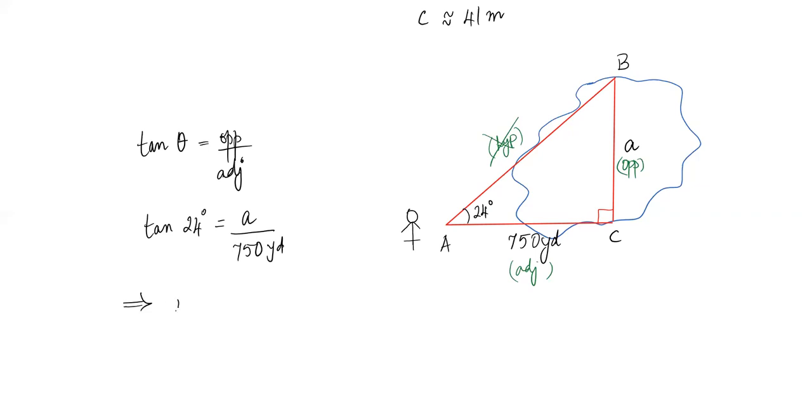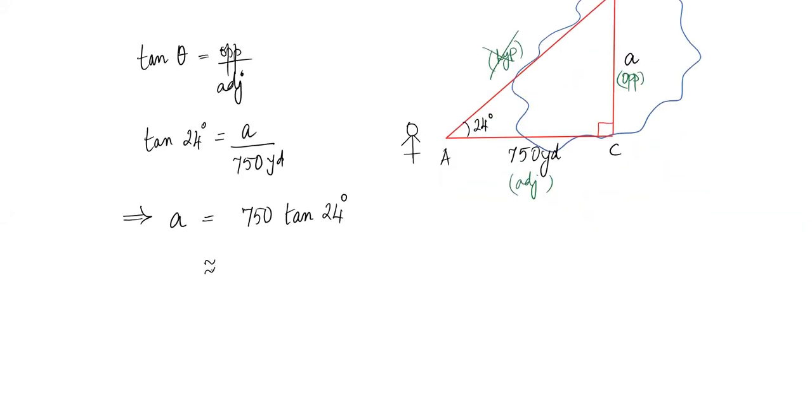This means that you solve for A, and it gives us 750 times tan 24 degrees. Again, use the calculator, and your approximate answer for this would be 333.9. And this is in yards, right?